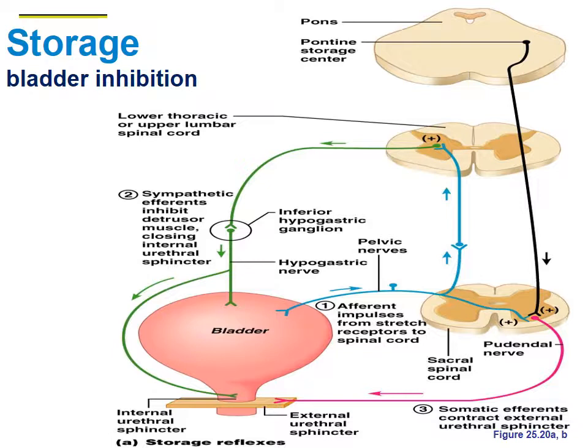In order to store, the bladder is inhibited from contracting as it is filling with urine. Nervous control of the bladder is autonomic and uses spinal nerves and the spinal cord. As the smooth muscle of the bladder slowly stretches, it is inhibited from contracting.